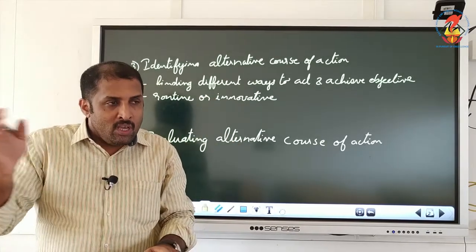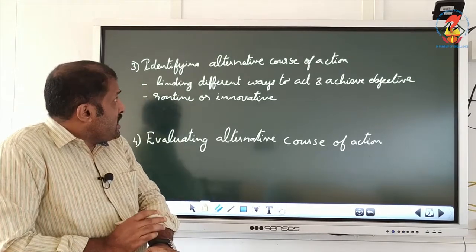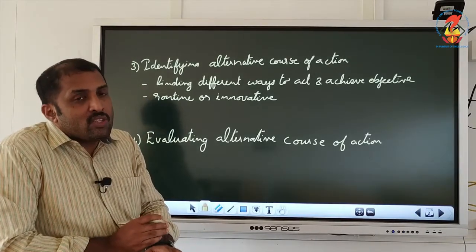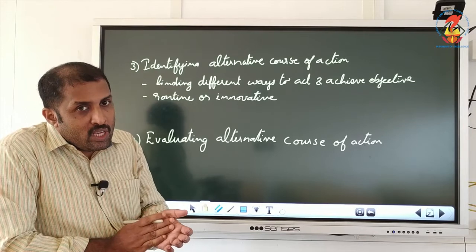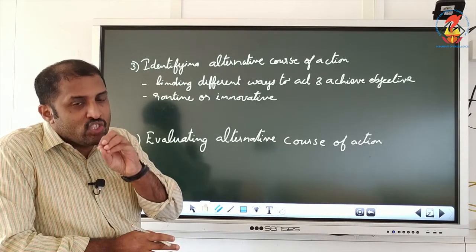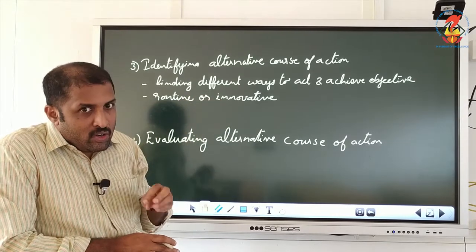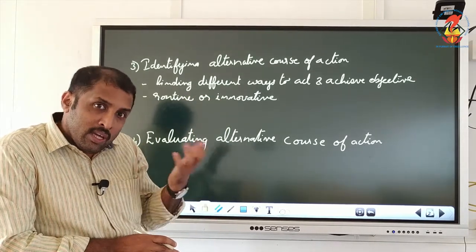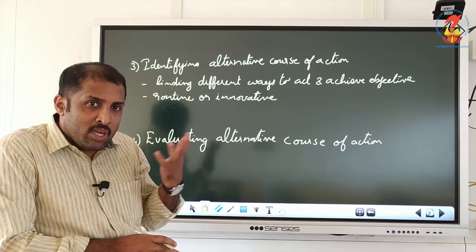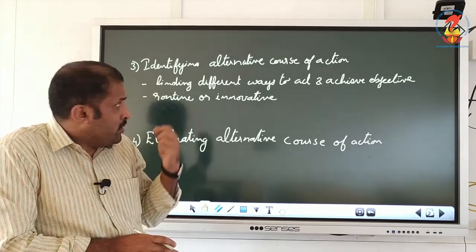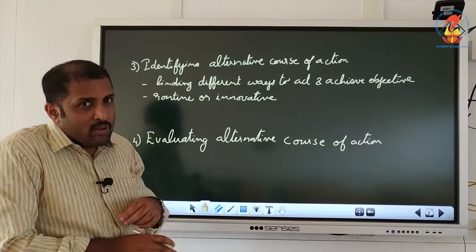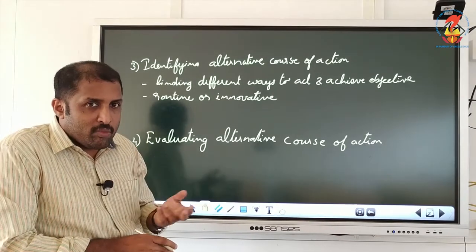So here we are talking about identifying alternative courses of action, finding different ways of achieving objectives. It can be innovative, it can be routine; routine methods can be selected, or innovative methods can be selected.